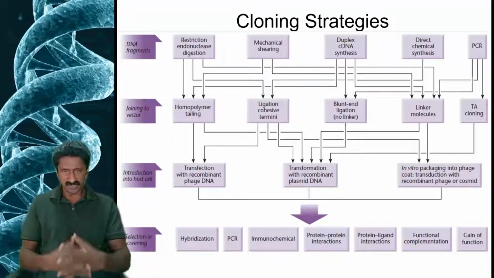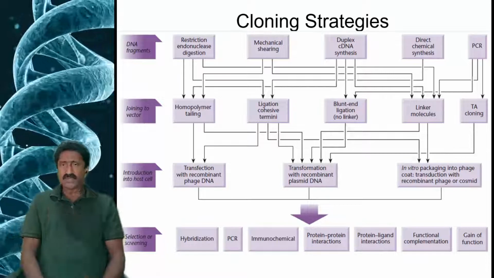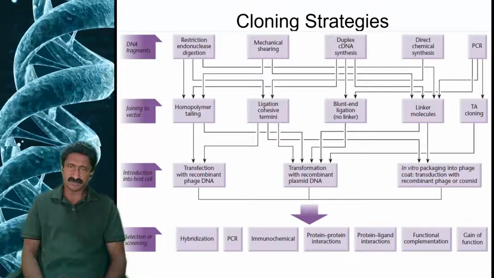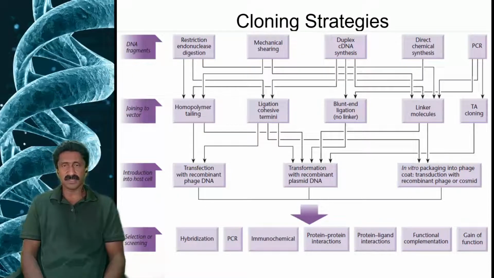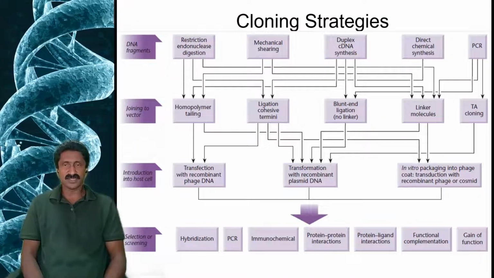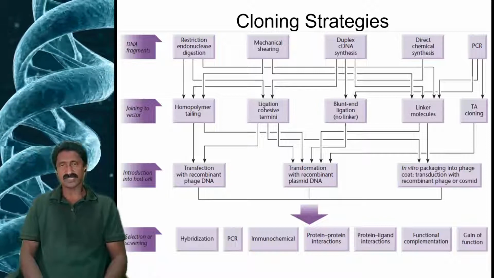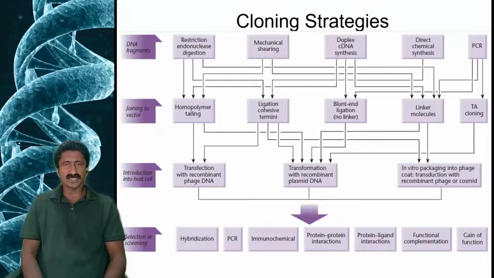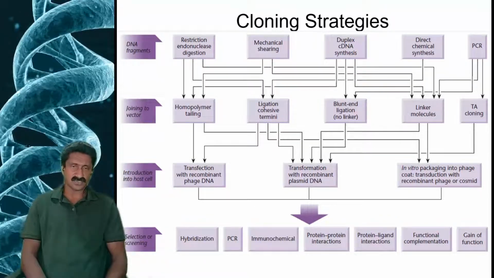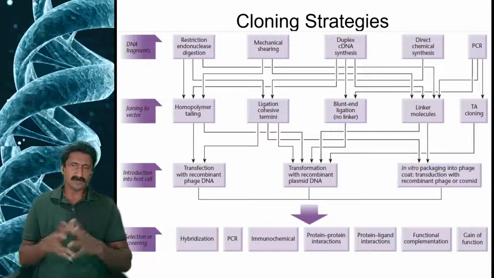For example, here we have E. coli as the host, in which case you can have a plasmid easily integrated into that host cell by transformation, or, if you are using a phage as the vector, then you may require a transfection based method in which the target host cell is infected with the phage DNA, and subsequently it will amplify in that host cell. So these are different methods like transfection, transformation, etc., which are used at the third stage.